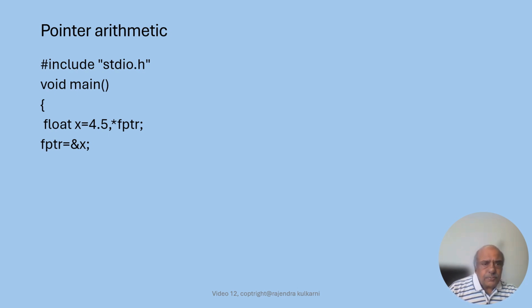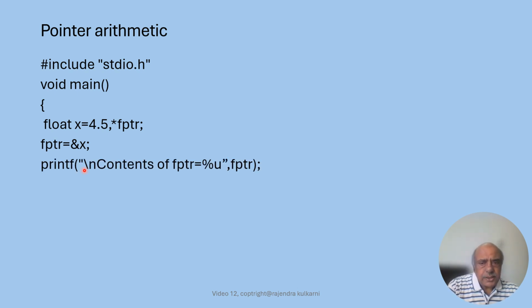The address of the float variable x is assigned to fptr: fptr = &x. In this statement, printf("contents of fptr = %u", fptr), what we are getting is the address of x assigned to fptr.